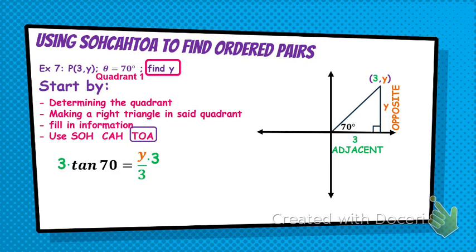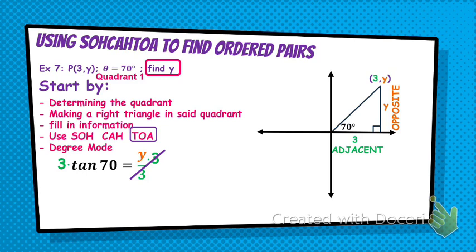And then to solve for y, just like algebra, when we isolate something, we have 3 that's dividing y. So to undo that division, I'm going to multiply both sides by 3. That would cancel this and leave me with 3 tangent of 70 equals y. We haven't talked about this yet, but we need to make sure that we are in degree mode. There are 2 modes on your calculator, degree and radians.